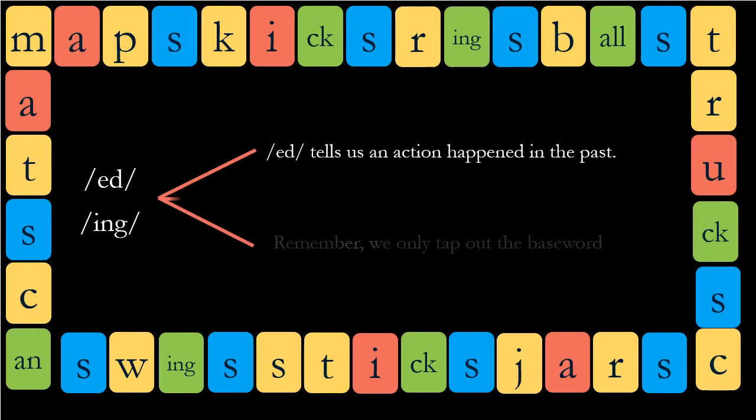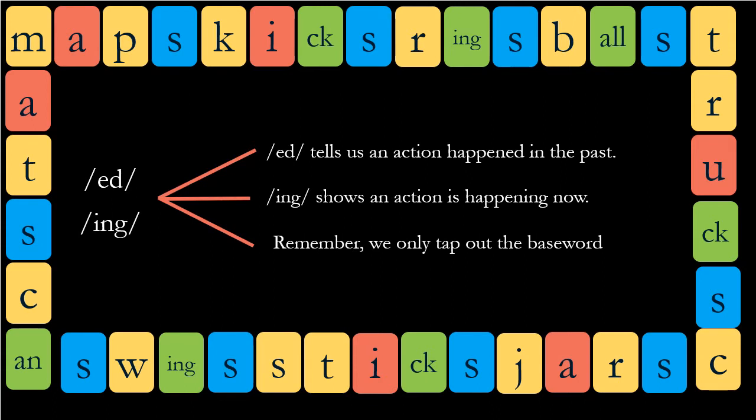So here's what we have so far. Ed tells us an action happened in the past, right? Like cooked and looked and wiped. Ing shows an action is happening now, like walking, talking, thinking. And I know I'm going to keep saying it. It can be used for lots of other things also.